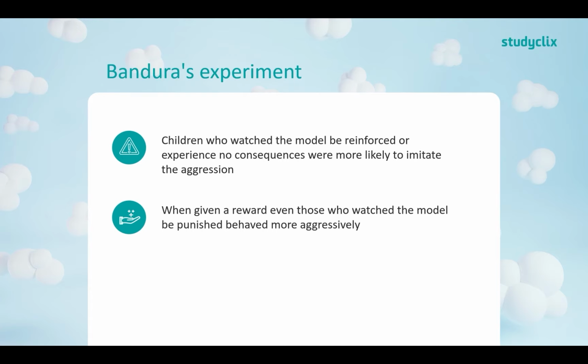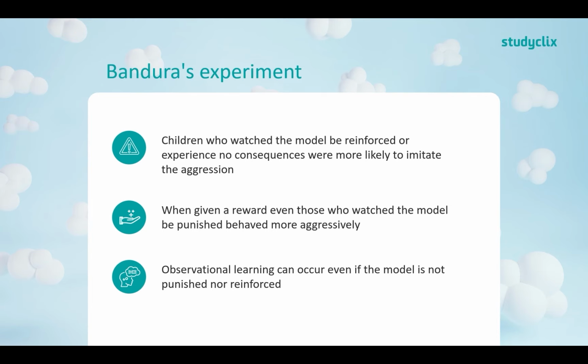This happened even with those that watched the model get punished, because this direct reinforcement was stronger than that vicarious punishment. We can see that the children were still likely to be aggressive even if they experienced no consequences. So this really shows us that observational learning occurred even without that vicarious reinforcement or vicarious punishment, they still learnt to perform this behaviour.